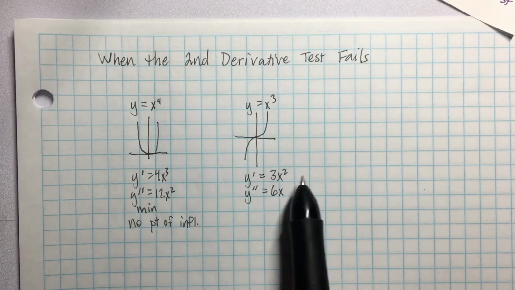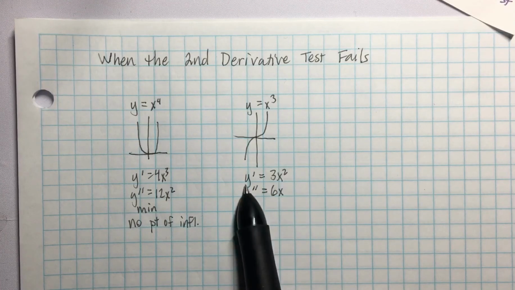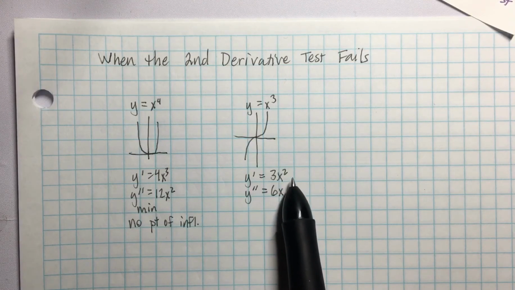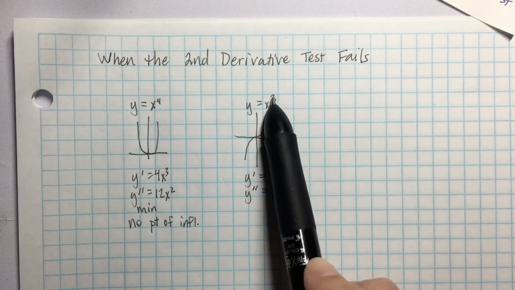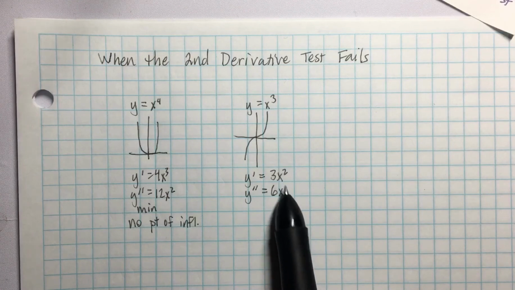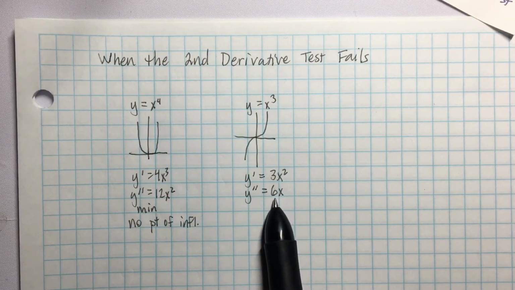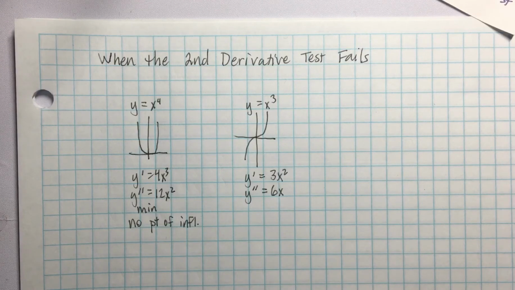Y prime is always positive, except for when x is 0. And so it's always an increasing function. And then at x equals 0, both y prime and y double prime are 0. But y double prime changes signs at the origin, so we have a point of inflection. And we don't have a min or a max, we have a plateau point.